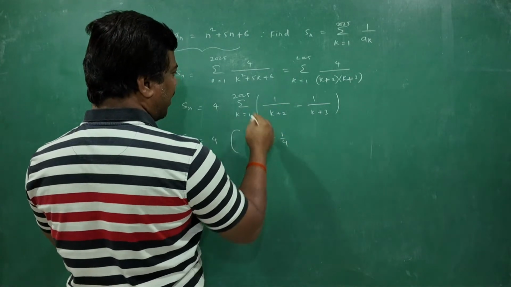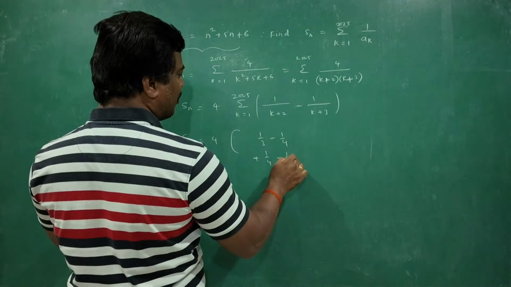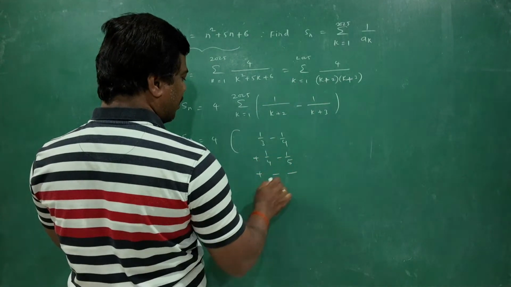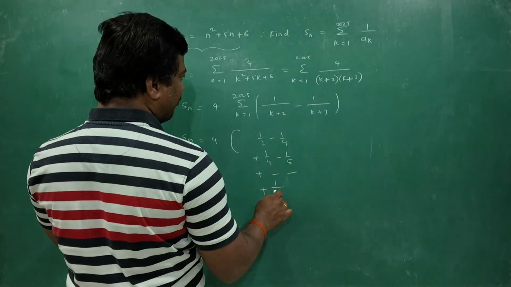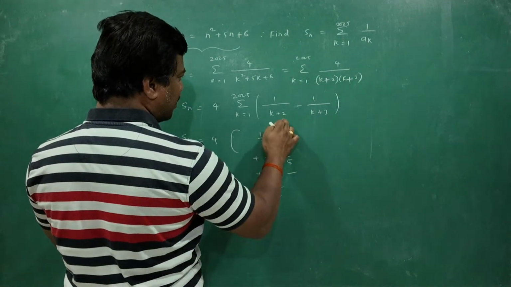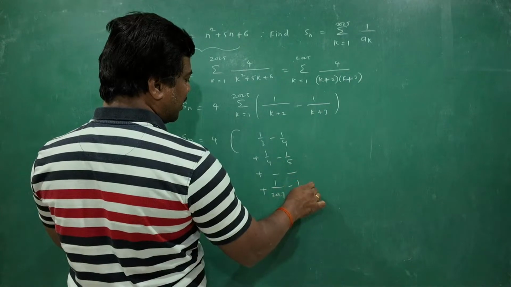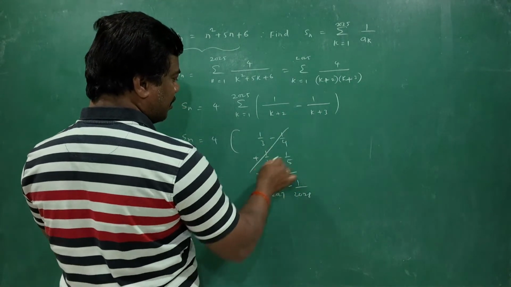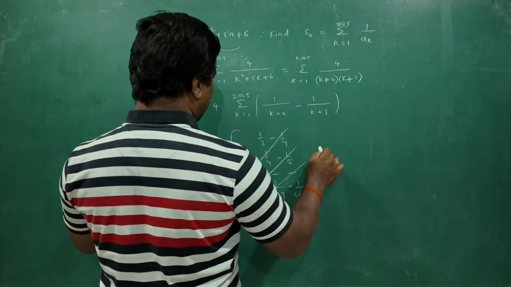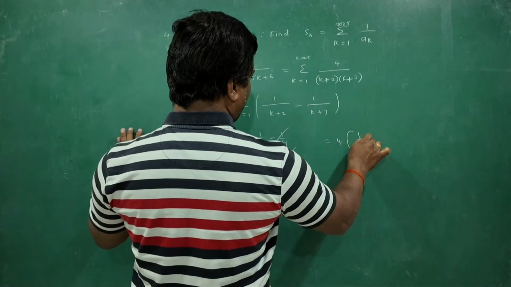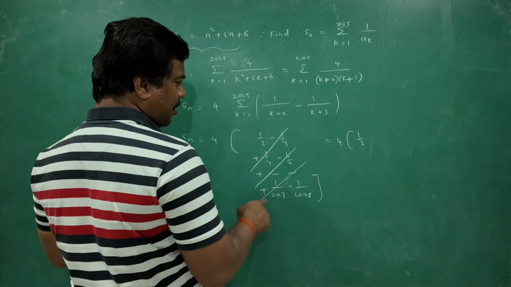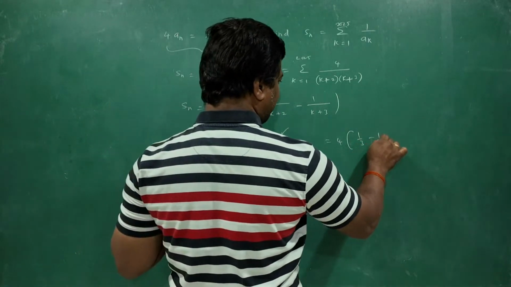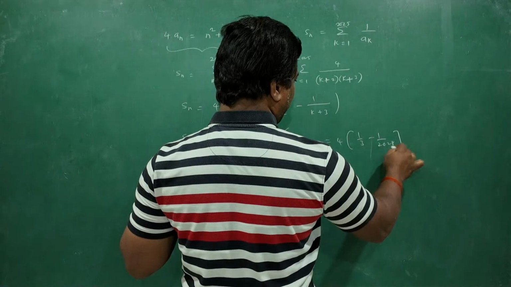Next, when you write 2, 1 by 4, 1 by 5. Like that, finally 1 by 2027 minus 1 by 2028. Only the first term inside the bracket and the last term, minus 1 by 2028, remain.